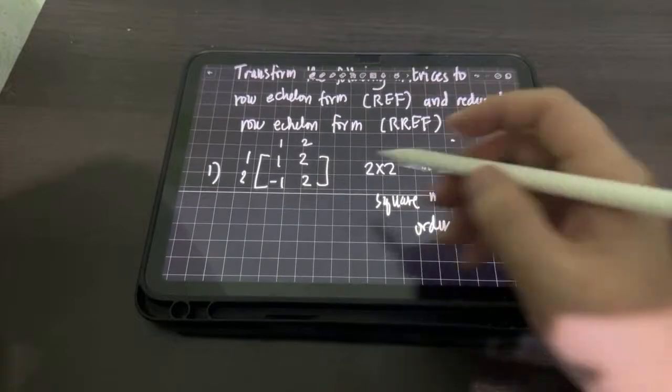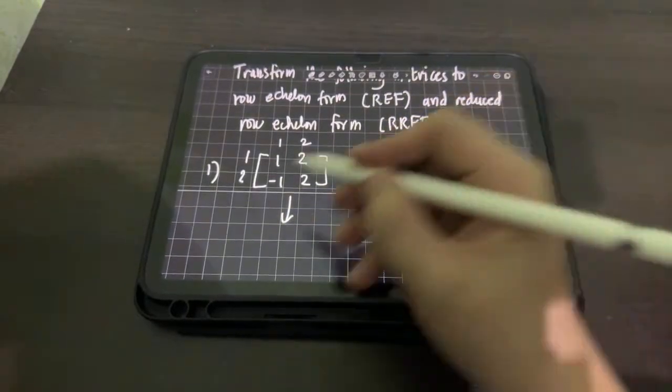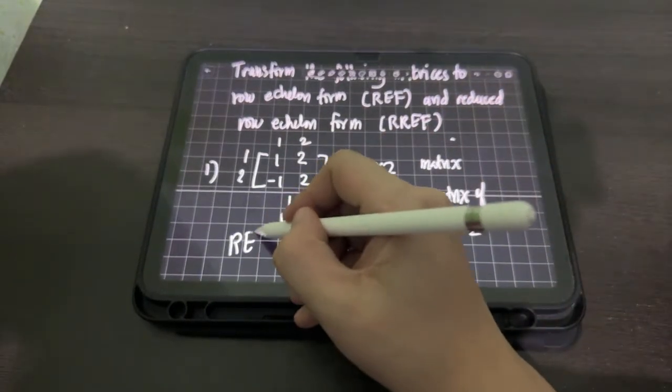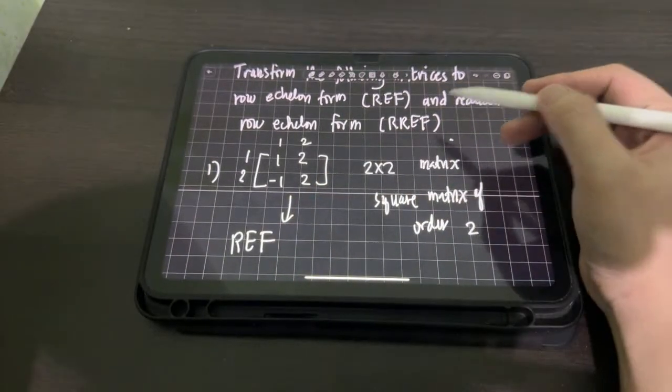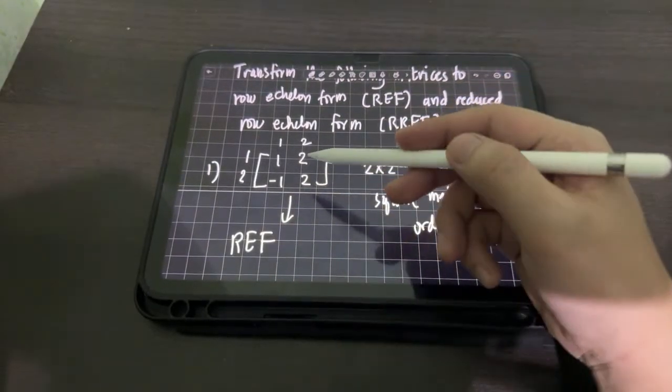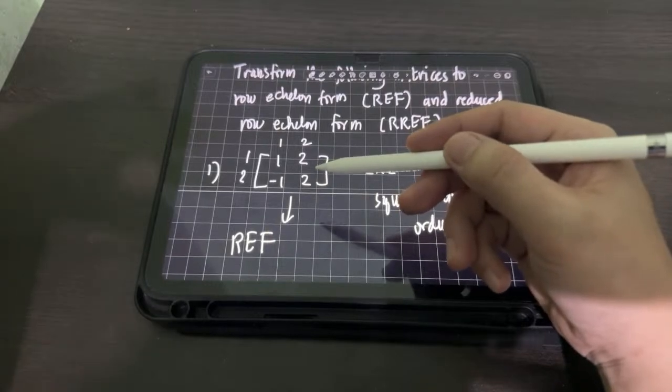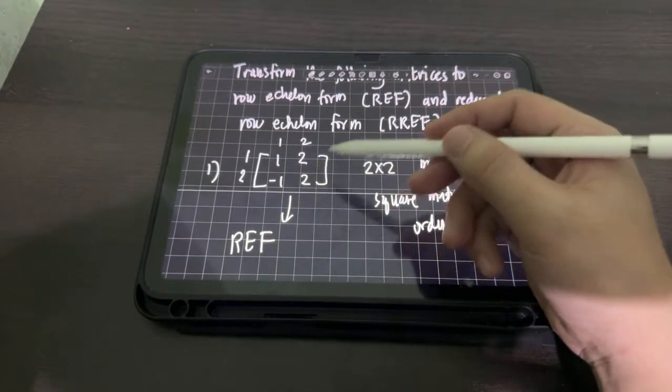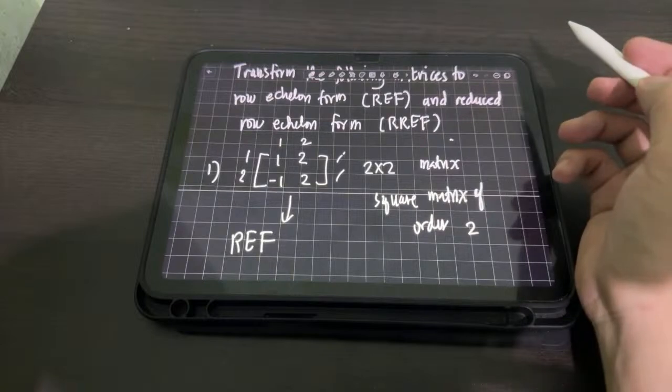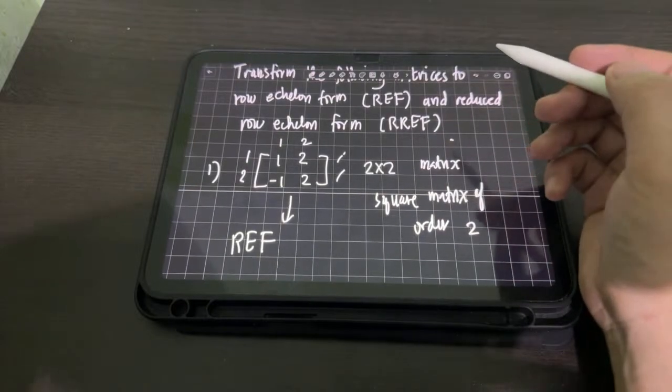So let's start by converting this into its REF or row echelon form. Because obviously it's not yet in its row echelon form. It doesn't obey the three properties enumerated above, right?